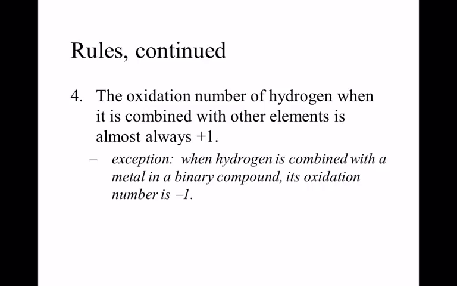Then we have a few elements, and this will help us when we look at, not in the context of it reacting with anything, but just the formula of a compound. We can hang our hats on hydrogen generally being a +1.